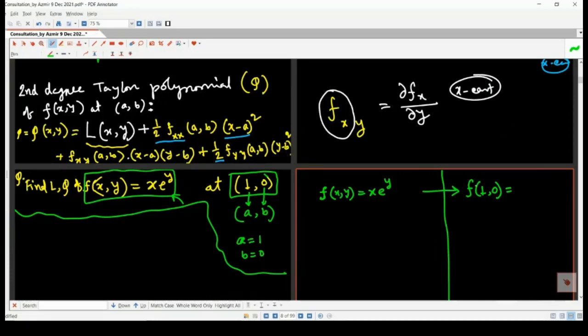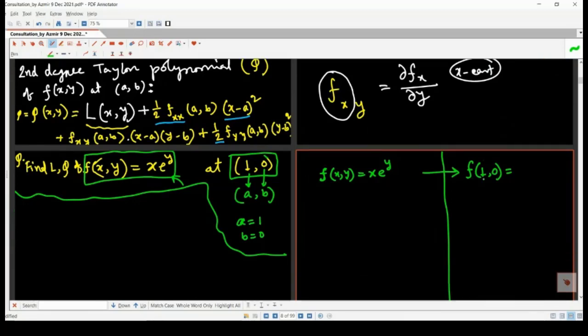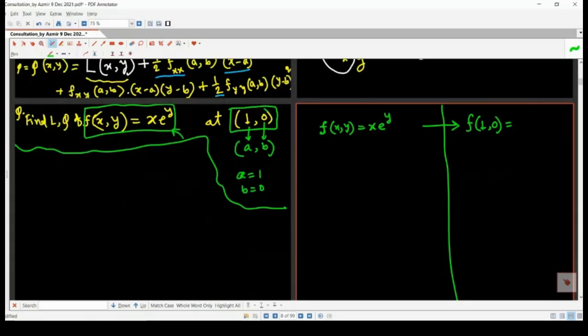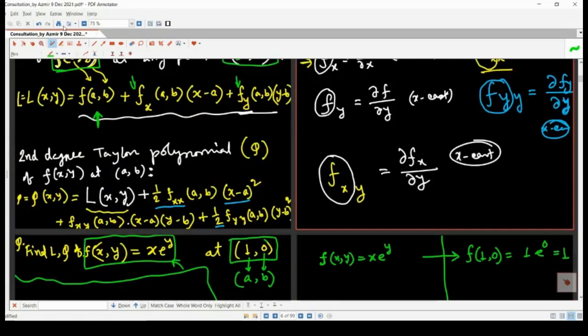So that means where you have x, you need to input 1. Where you have y, you need to input 0. So x, that is 1 times e power 0. E power 0 is 1. That means the result is 1. So we have found the value for f of a b, or f of 1 0.